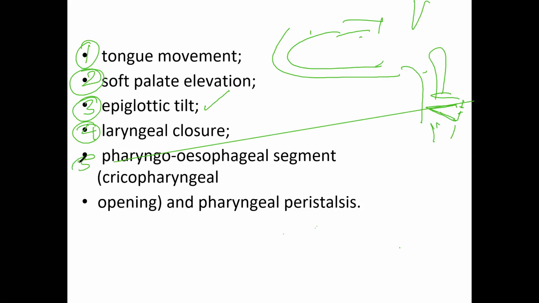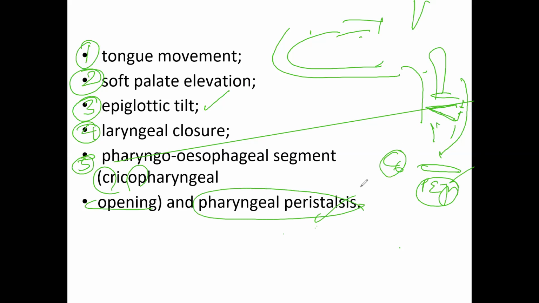Next, number 5 is the pharyngoesophageal segment, especially the cricopharyngeal opening. After going here, the food goes to the C6 vertebral level, to the pharyngoesophageal junction, and the pharyngeal peristalsis.